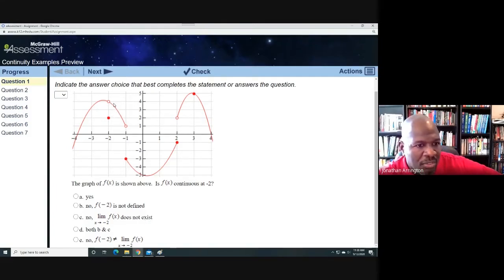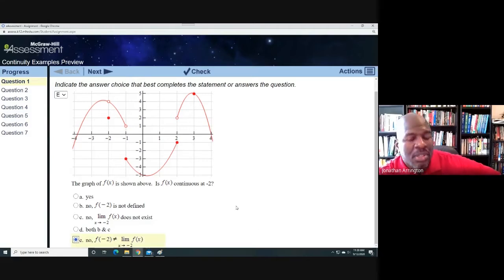You can clearly see here from the left and from the right, as x goes to -2, the function approaches 4. So f of c existed and the limit existed, but f of -2 is not equal to the limit as x goes to -2. So that's the answer to that problem.